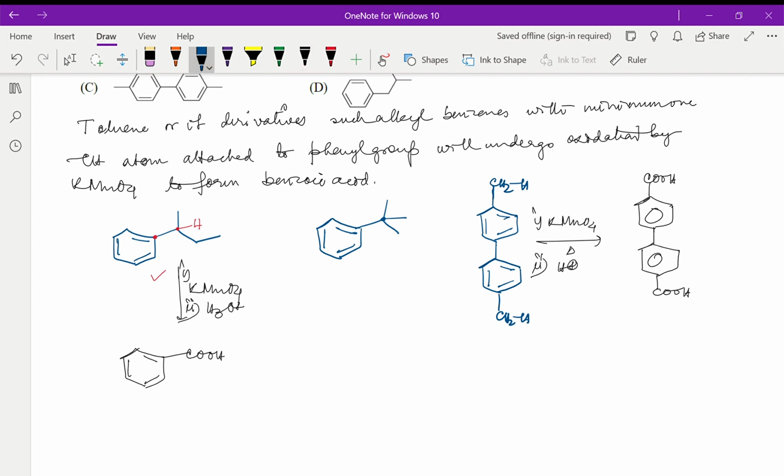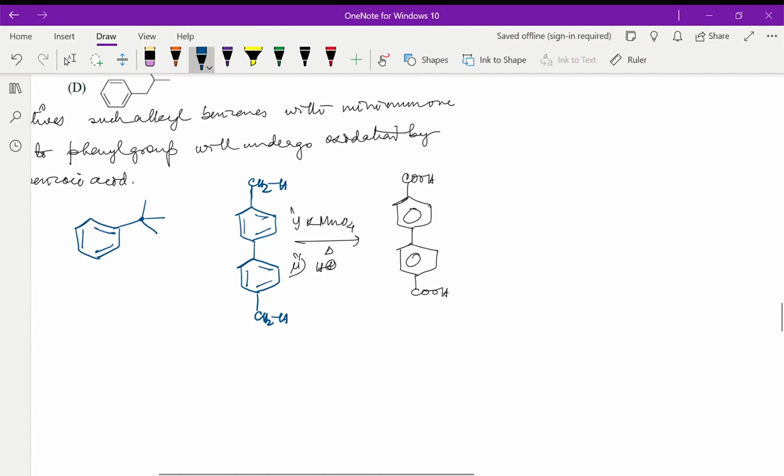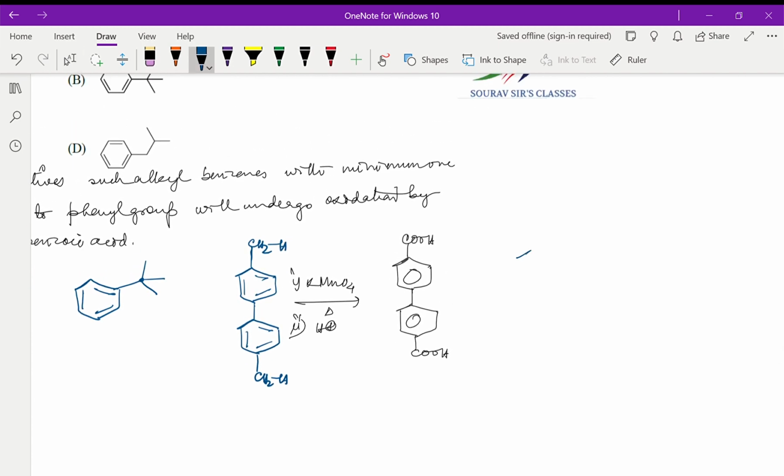Now for option D, it fulfills the criteria.